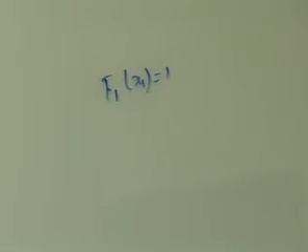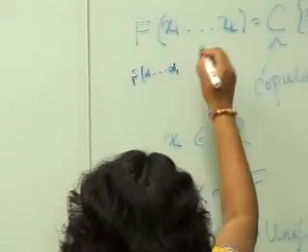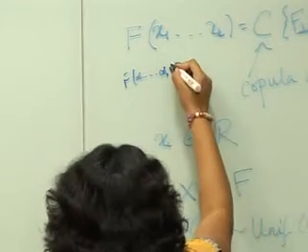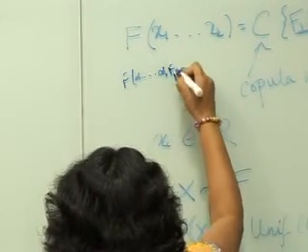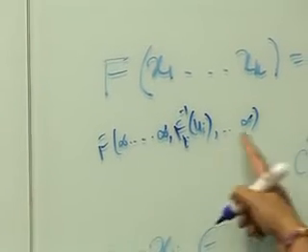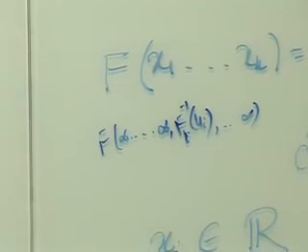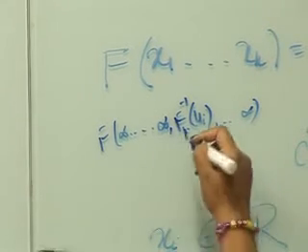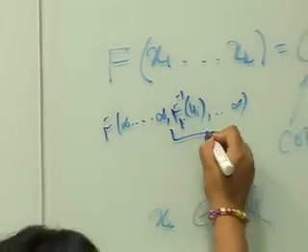So if we evaluate f at all of these being infinity, and one of them is such that it is f_i inverse of ui, and the others are also infinity. So f of such a thing means that this is the marginal distribution of the ith component.